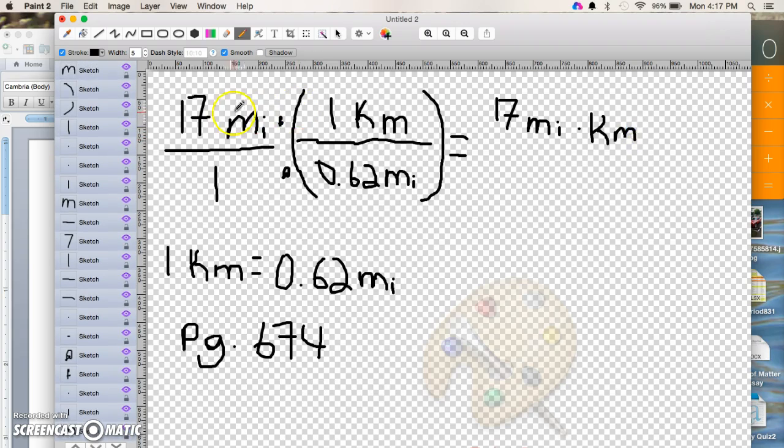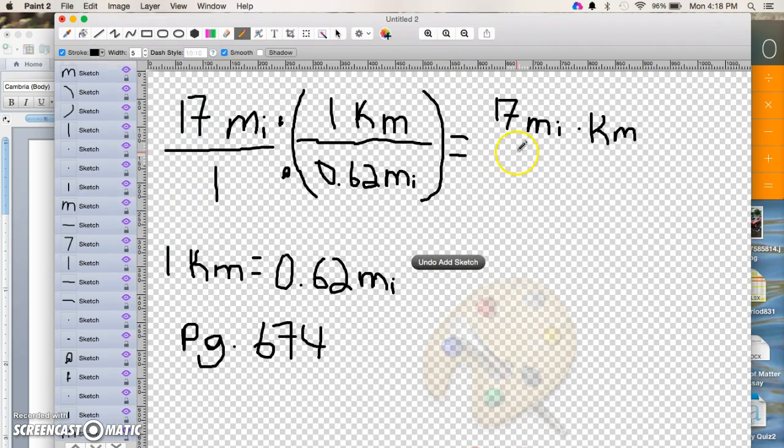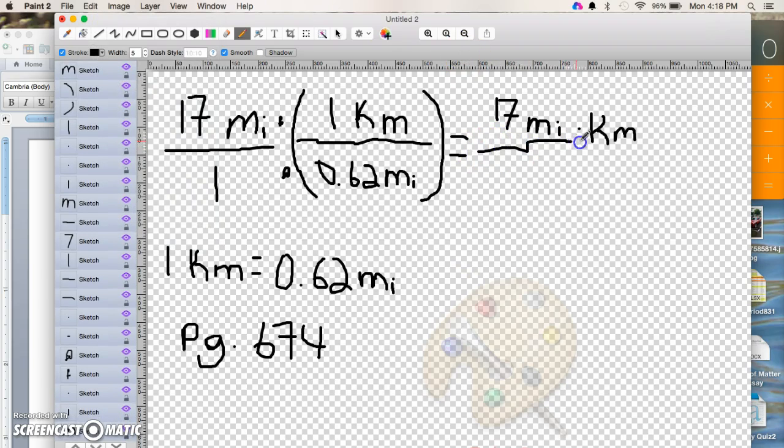Because we know that 17 times 1 is going to give us 17. And miles times kilometers is going to give us miles times kilometers because they're different units. You can't multiply miles and kilometers together and get kilomiles.